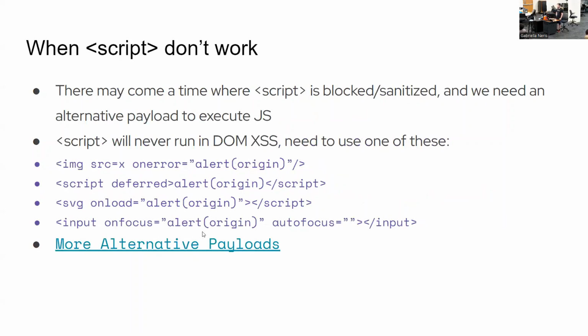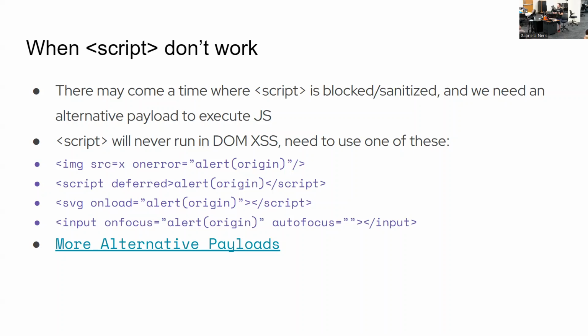So this is for when script doesn't work. There may come a time where the script tag is blocked or sanitized, and we need an alternative payload to execute JavaScript. One thing to note is that the script tag will pretty much never run in DOM cross-site scripting, because when HTML is added to the page, it usually can't be a plain script tag.